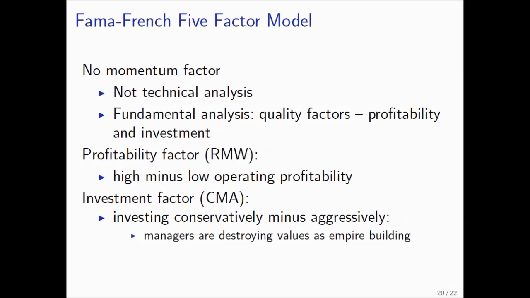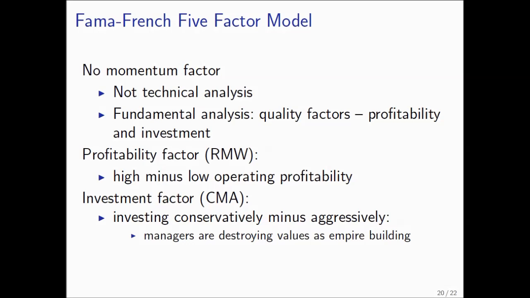But recently, Fama and French dropped momentum, and think there should be more consideration of the fundamental side of stocks. They call it the quality factor, and also the investment factor. The quality factor includes profitability and investment. For profitability, we look at companies with high operating profit, which means those companies are doing better, and look at how managers invest.